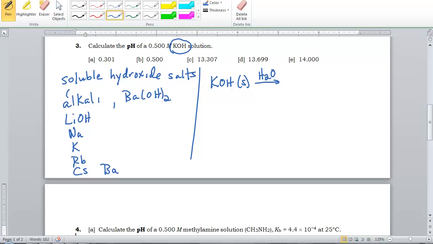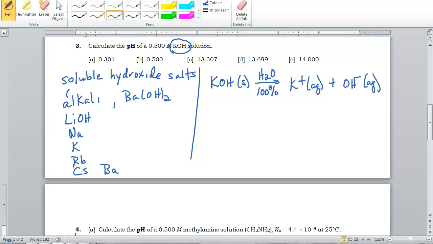So remember back to last semester, what do we assume for soluble salts? Yeah, they dissociate completely into ions. So there's the cation, potassium ion, and the anion, hydroxide. Ionic solid salts will contain cation and anion. Soluble salts, we assume 100% dissociate.